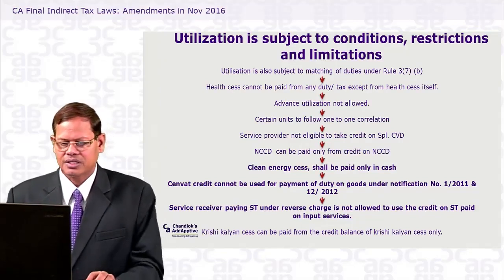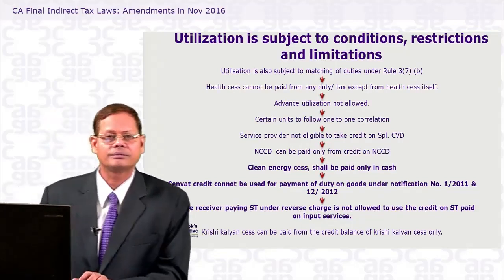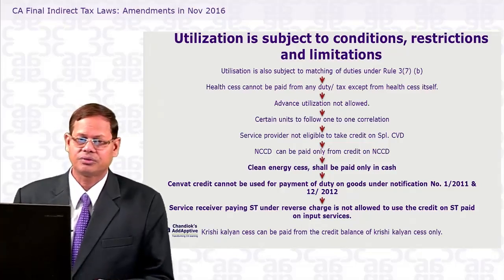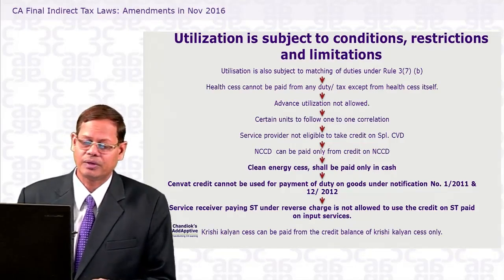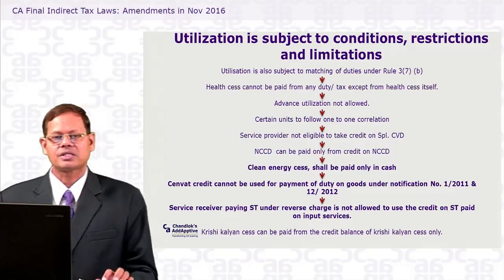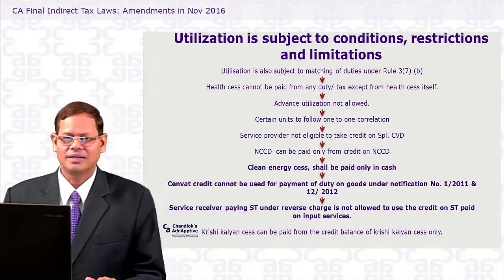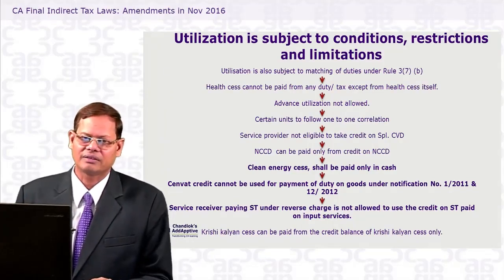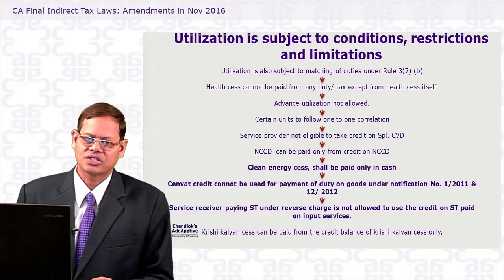Certain units also follow one-to-one correlation. You know that the Northeast region, Kutch district of Gujarat, etc., have special advantages under Rule 12. A service provider is not eligible to take credit on special CVD, because he is not a seller, he is not selling anything further. Why should he get CENVAT credit on sales tax paid?